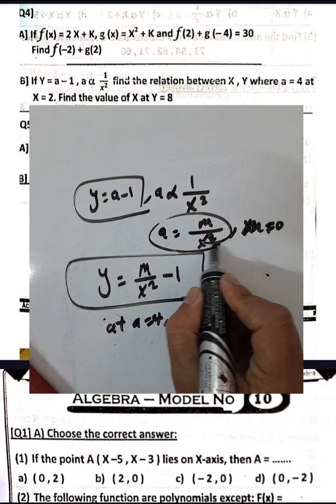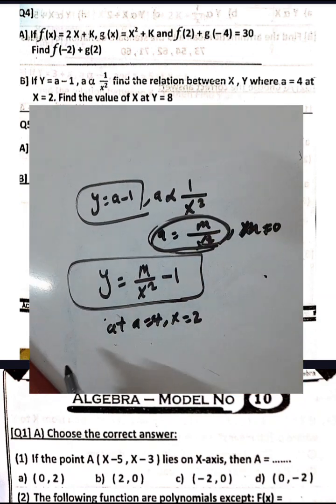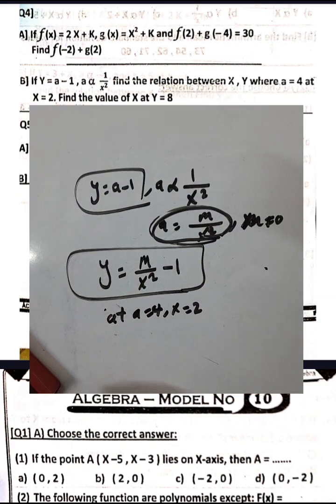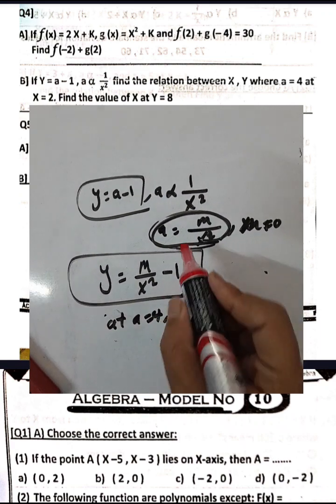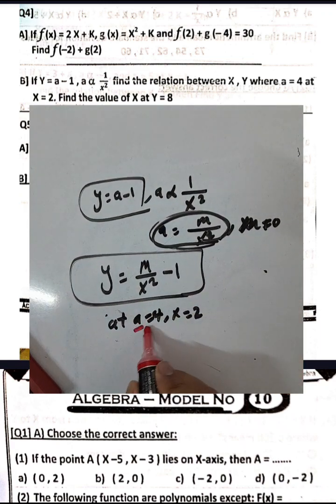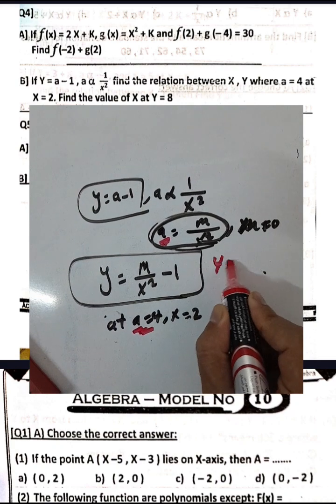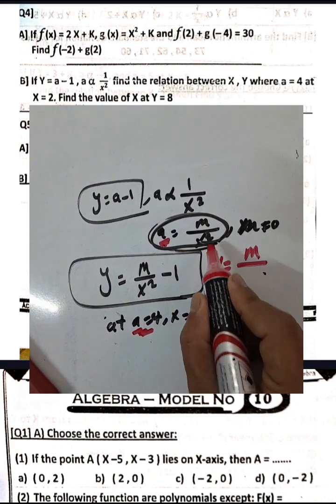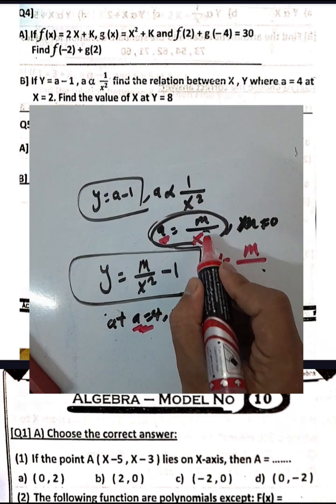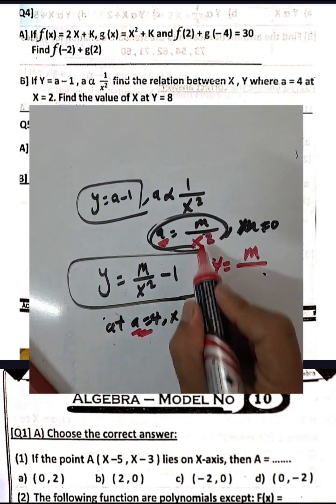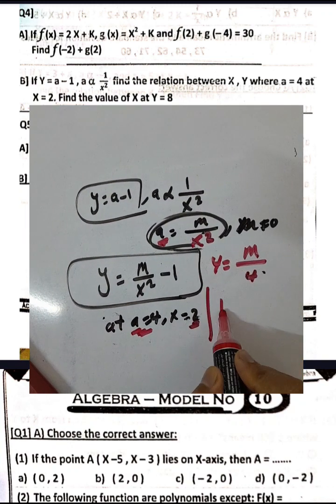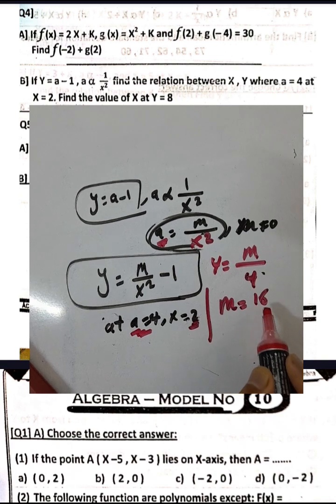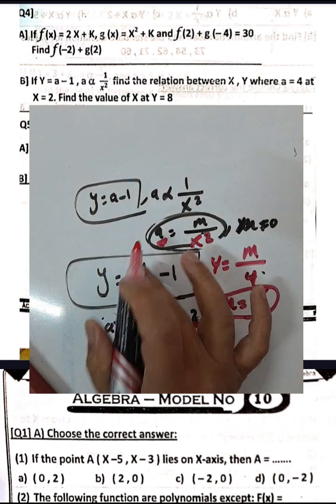Put in this relation to find the constant. You can find the constant from this relation here. Put a equals 4 equals m over x power 2. X here was 2, 2 power 2 equals 4. Then m will be equal 4 times 4 equals 16. Then the constant here will be 16.